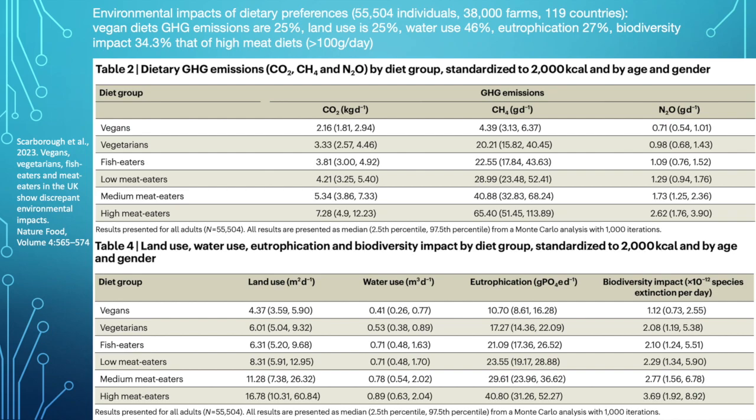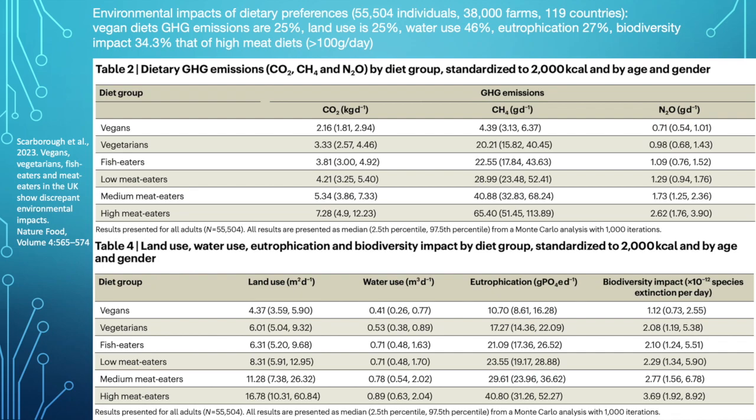What they found was that vegan consumers contribute 25% of the greenhouse gas emissions contributed by high meat consumers, eating over 100 grams of meat per day. Vegan consumers use 25% of the land and 46% of the water required to feed people consuming high meat diets.